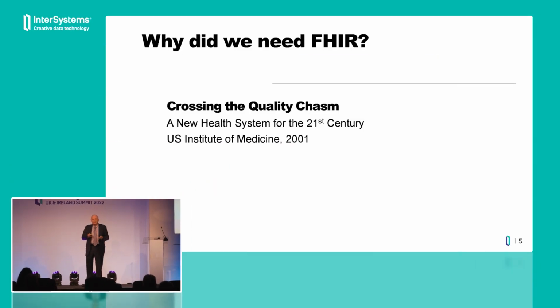That report, Crossing the Quality Chasm, followed another report earlier by that organization, To Err is Human, that had pointed out that in the U.S., there were some 100,000 deaths per year due to medical errors. And they weren't oops errors. They were the kind of errors that we refer to as system errors. As somebody said yesterday, it was about not having the right information at the right place at the right time.